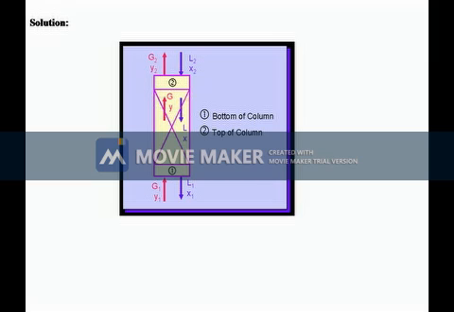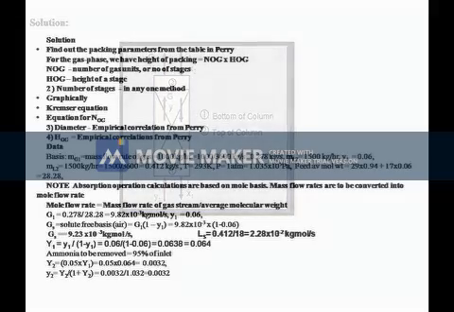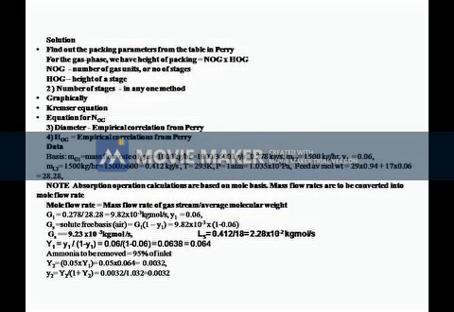And once again, I will repeat what all the parameters are. G1 is the molar flow rate, kilogram mole per second, of the gaseous stream. Here it is air, and Y1 is the mole fraction of ammonia in air, which is 0.06. G2 and Y2 are after removing the ammonia; relatively pure air will be coming out of the column, that is represented by G2.